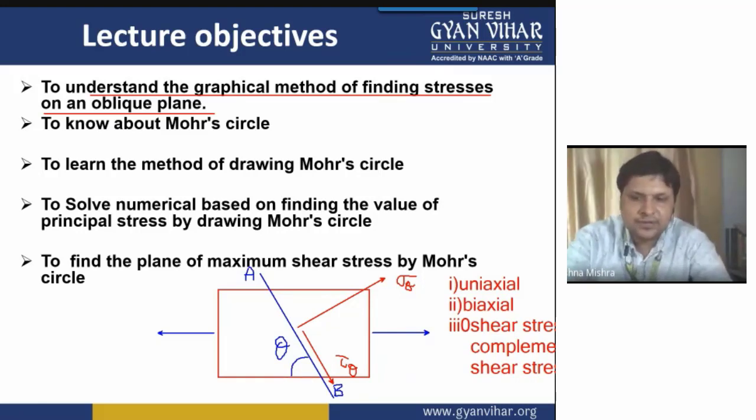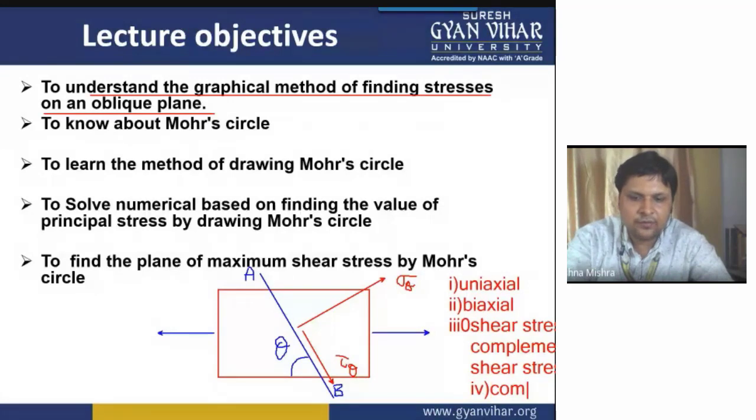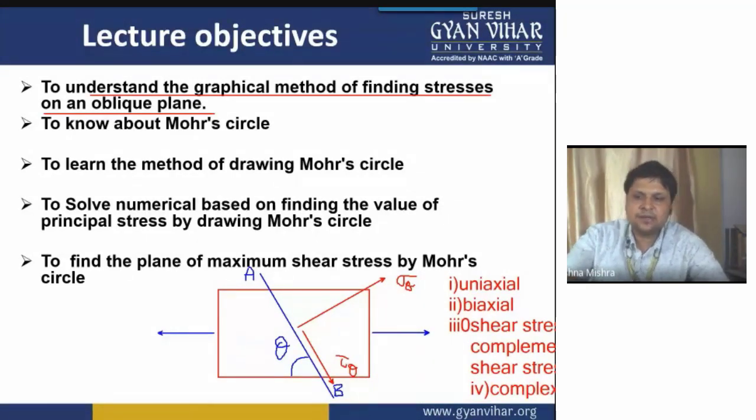Our last case, which was important and the formula was also a bit lengthy, was the case of complex stresses. So what are complex stresses? In the case of complex stress, students, generally you have biaxial loading as well as one shear stress acting on the same body.